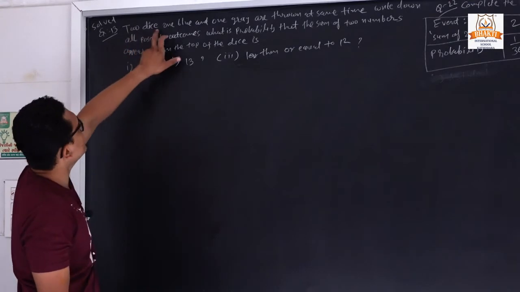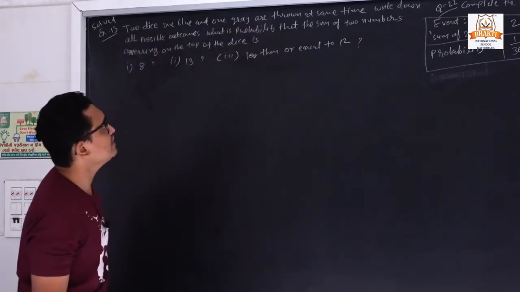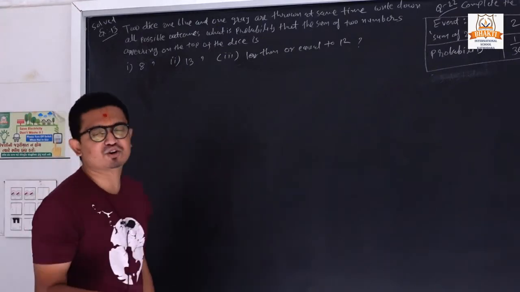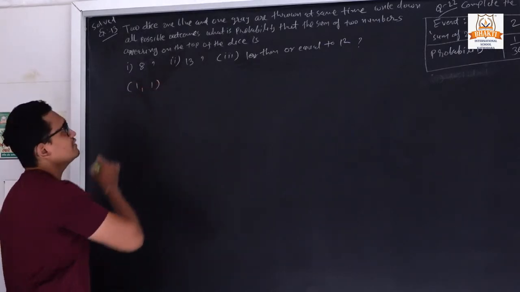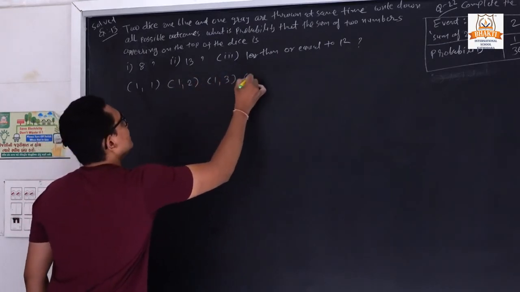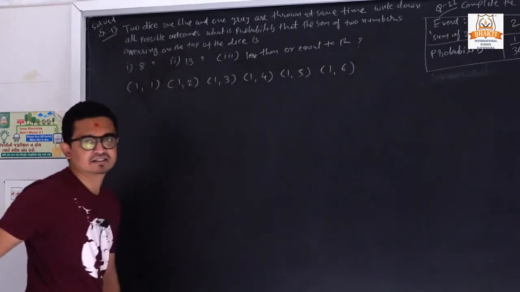See here, two dice, one blue and the second grey, are thrown at the same time. Write down all possible outcomes. If we throw the dice, the possibilities are either 1 1, or 1 2, 1 3, 1 4, 1 5 and 1 6.